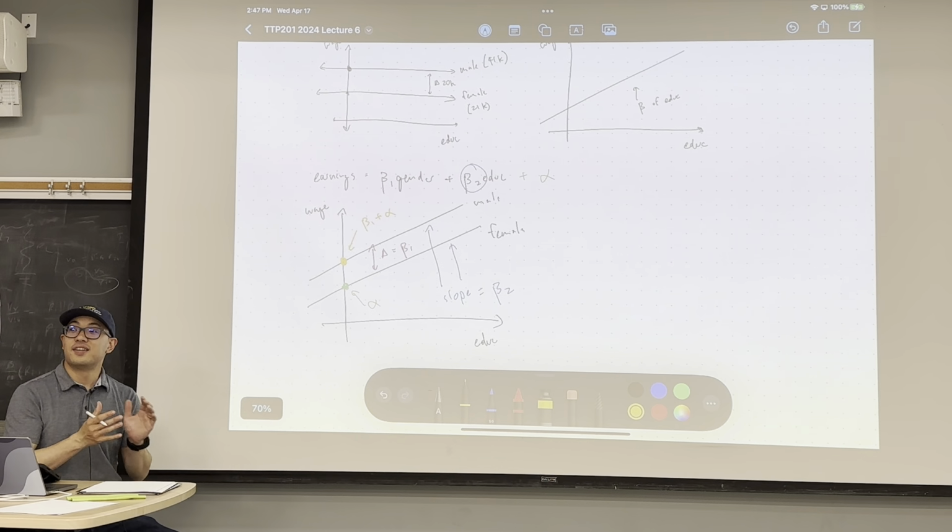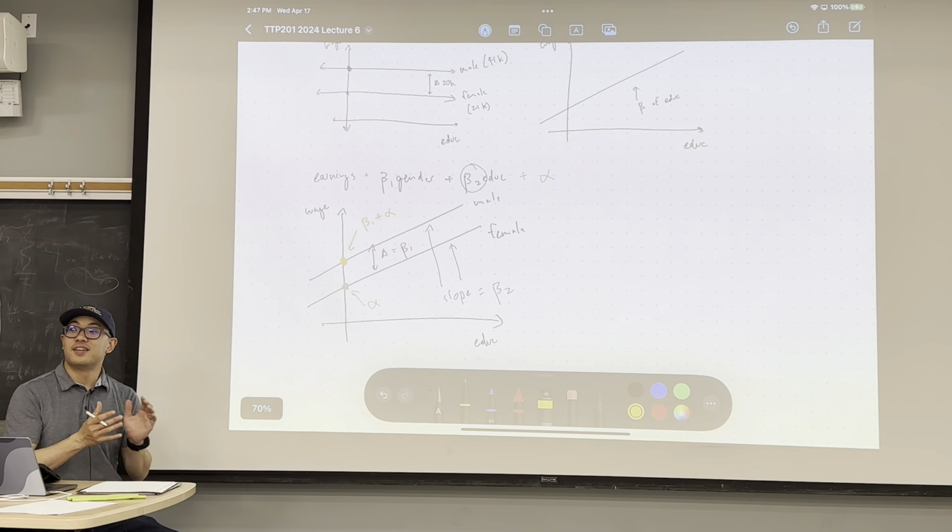So remember, this is beta 2 plus beta 3. There is a difference in the intercept, and that's where beta 1 comes in. But the beta 2 for education does not go away if you are looking at male. It's actually additive to this. So the slope is now beta 2 plus beta 3 for this.